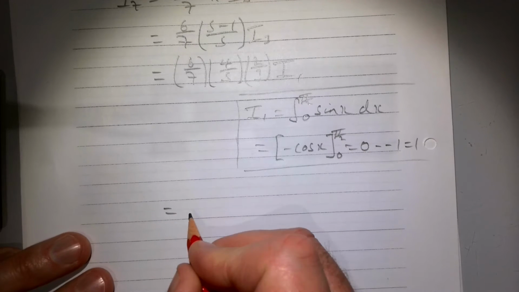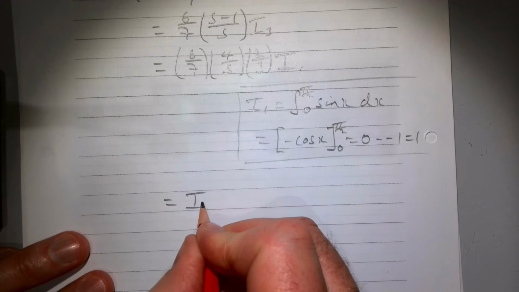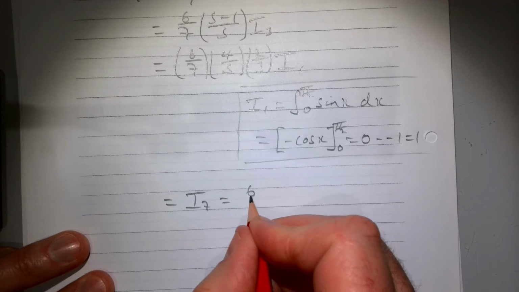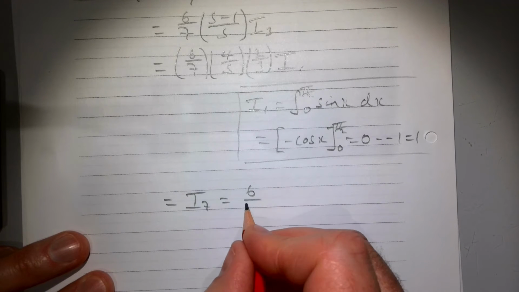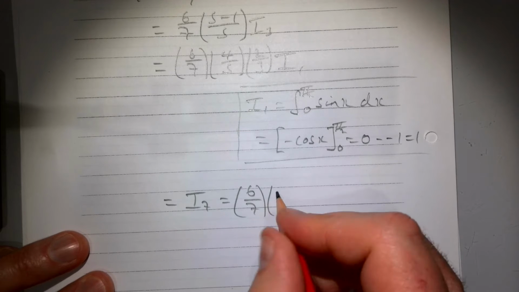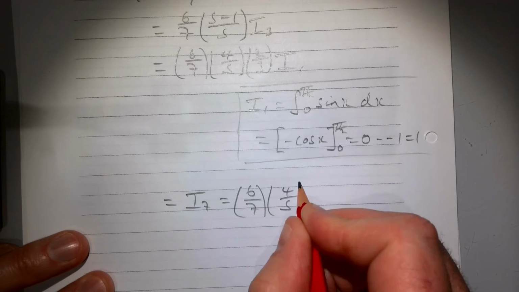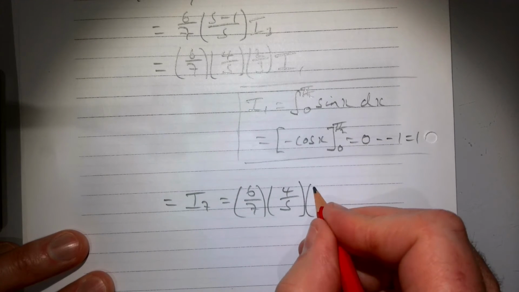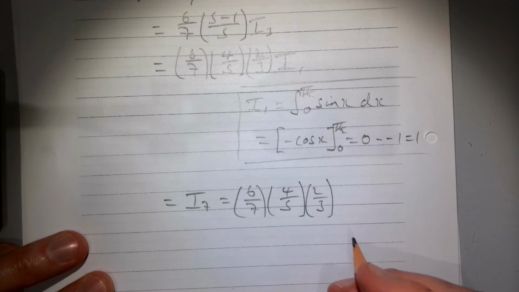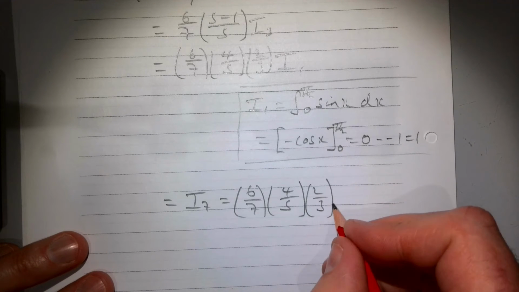So I7 is 6 over 7 times 4 over 5 times 2 over 3 times 1.